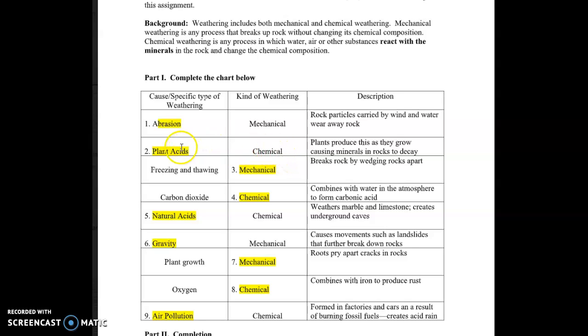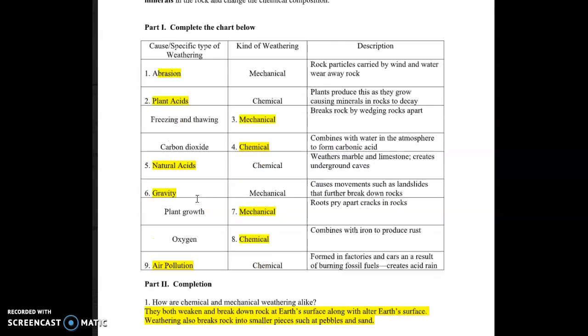And this occurs from acids, either from living things like plant roots or decaying plants, or acid rain that is produced from pollution from factories. So I just want to point out, here's another example of chemical weathering, carbon dioxide, a compound, can combine with water in the atmosphere to form carbonic acid.